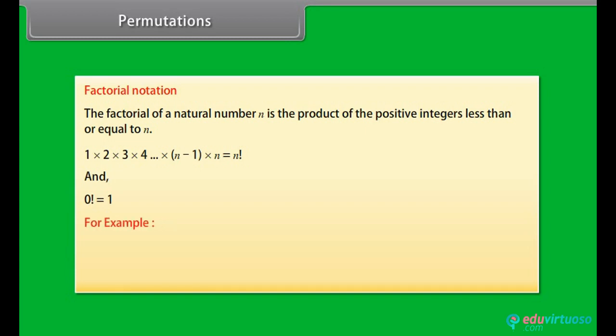For example, 7 factorial is equal to 7 into 6 into 5 into 4 into 3 into 2 into 1 is equal to 5040. 5 factorial is equal to 5 into 4 into 3 into 2 into 1 is equal to 120.